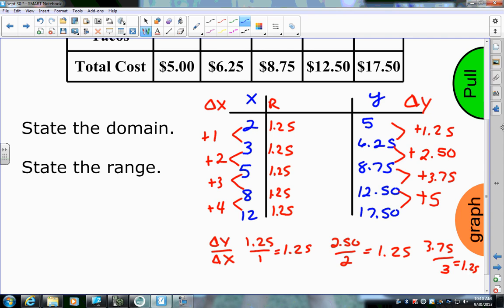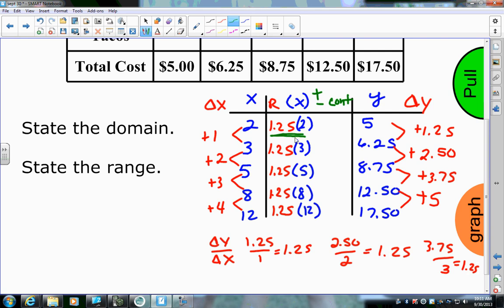What you are supposed to do next is multiply your rate of change times your X. Once you do that, you need to figure out what you have to add or subtract to get your constant so that you equal your Y number. So what I mean, take and multiply. What is $1.25 times 2?